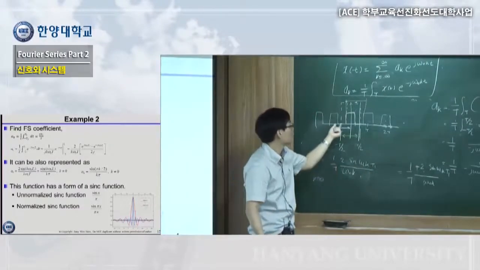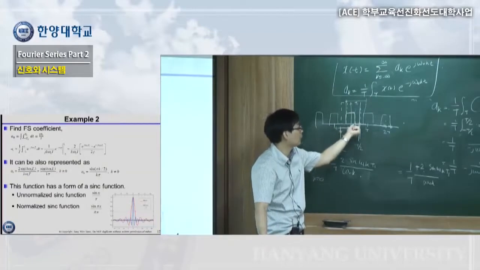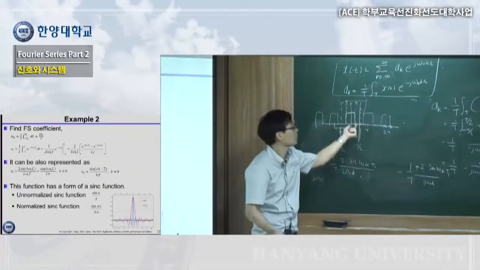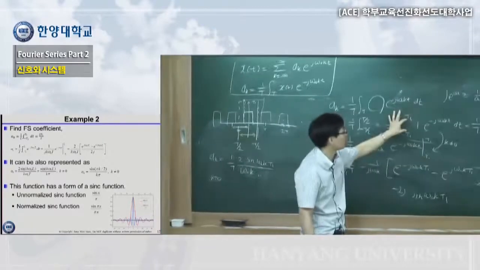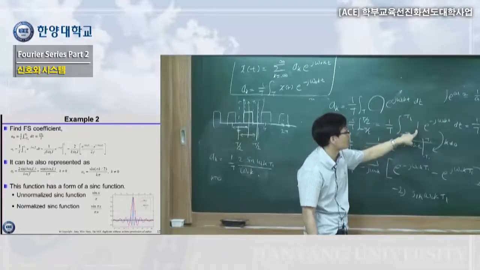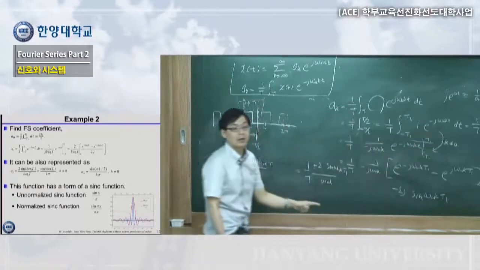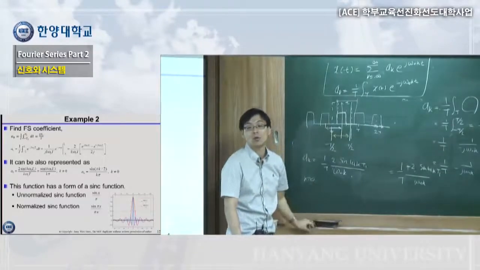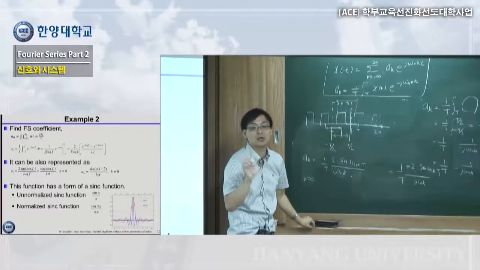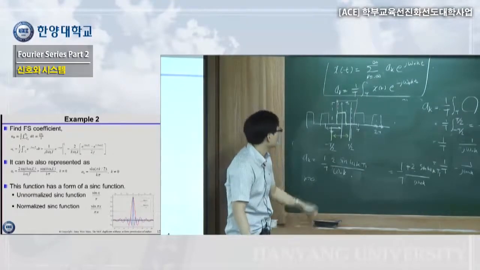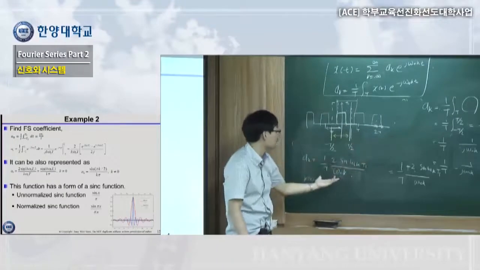In this case, we know that this area and this area are 0. So we shorten the period to where this is not 0, and then solve the problem. And what we often use is the Euler formula. That's the reason I raised the Euler formula on the first day of the lecture. And we find the final solution.